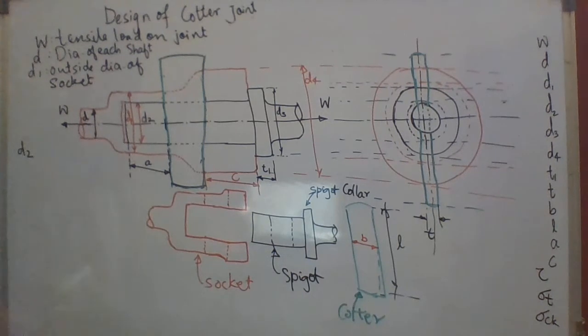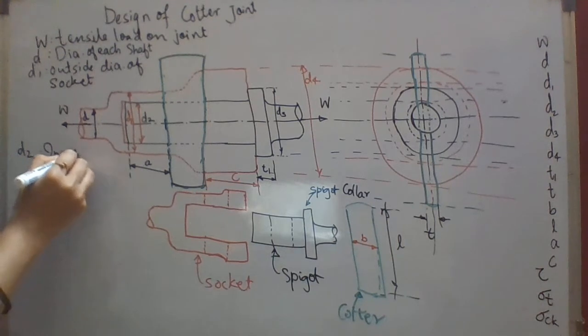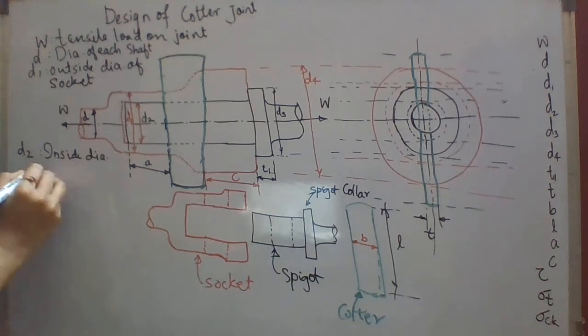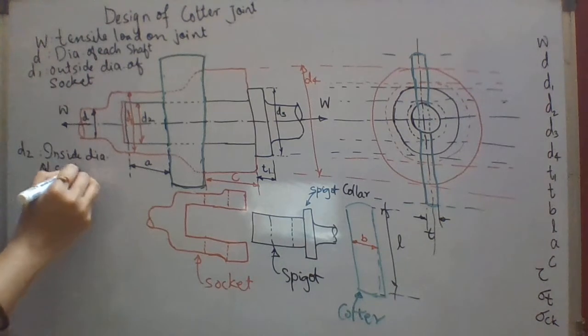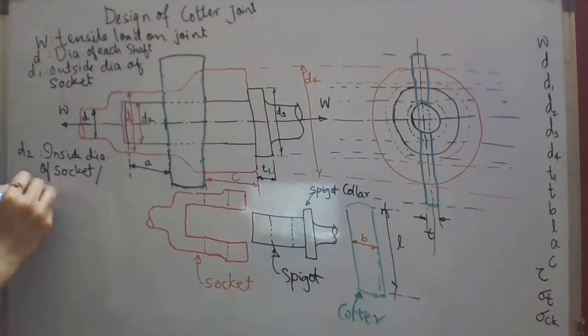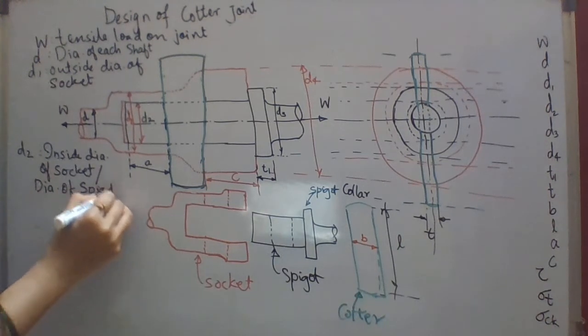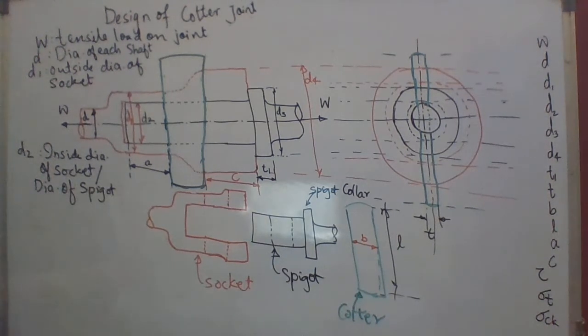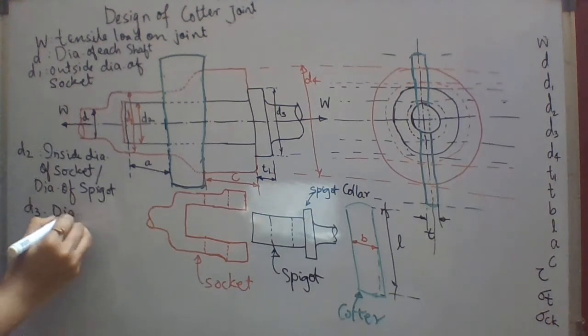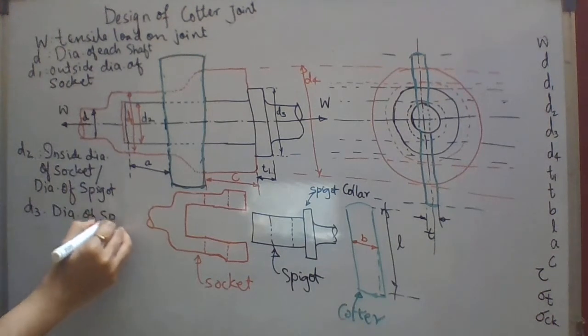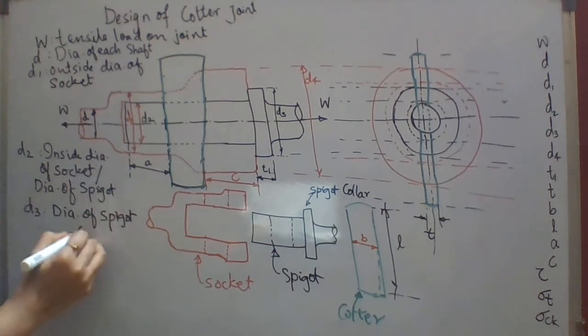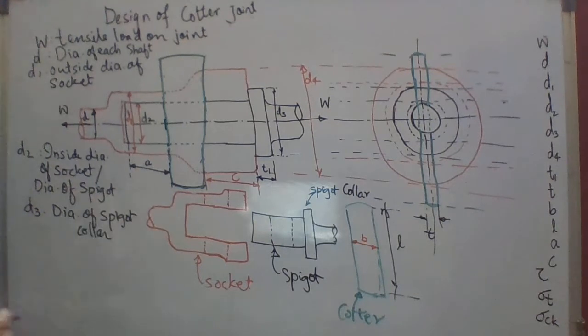D2: now you can write D2 on your own. This is the inside diameter of the socket, or this is also the diameter of the spigot. Now D3 is the diameter of the spigot collar.